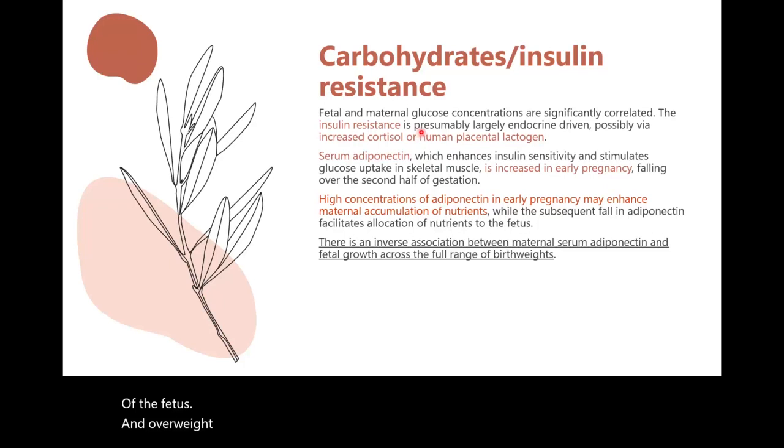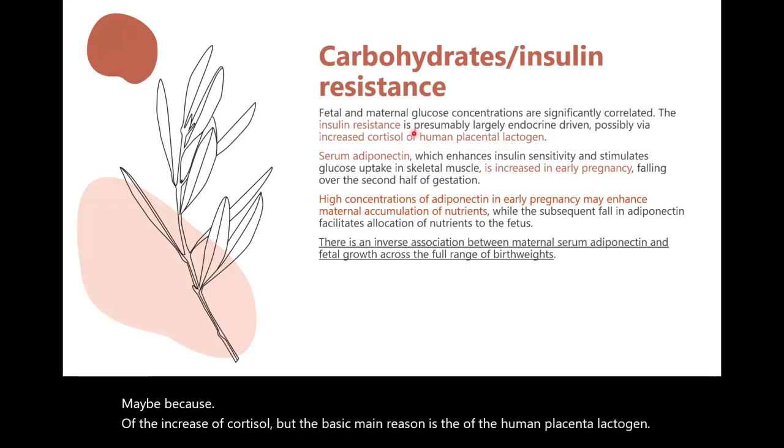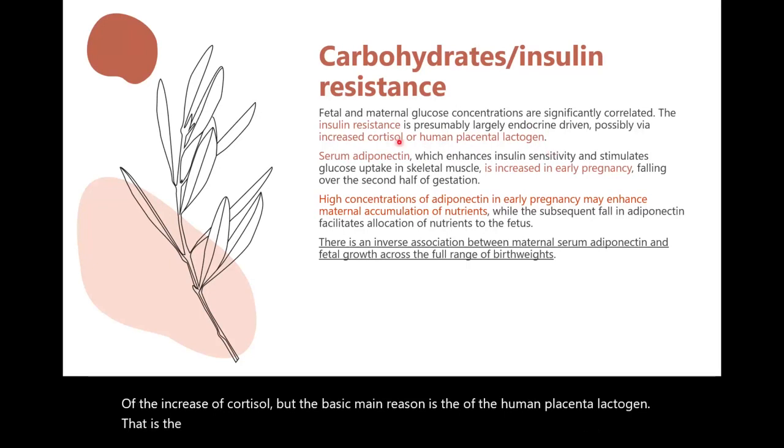So why do we have insulin resistance? Maybe because of the increase of cortisol, but the main reason is the increase of human placental lactogen. That is the main responsible for insulin resistance in pregnancy.